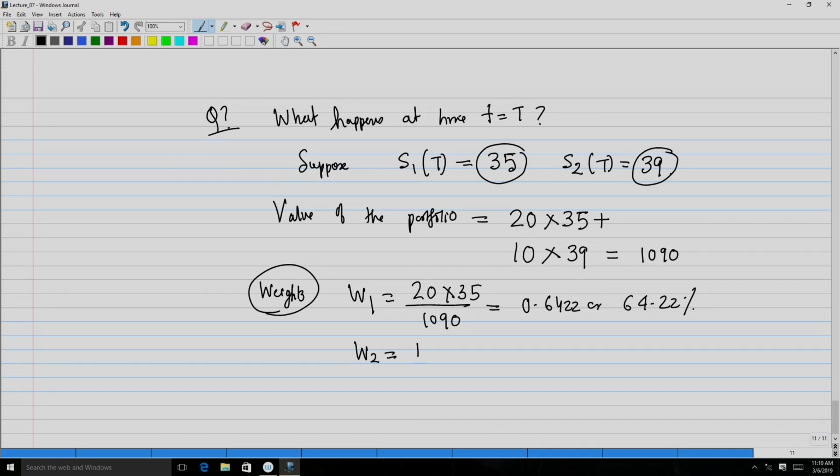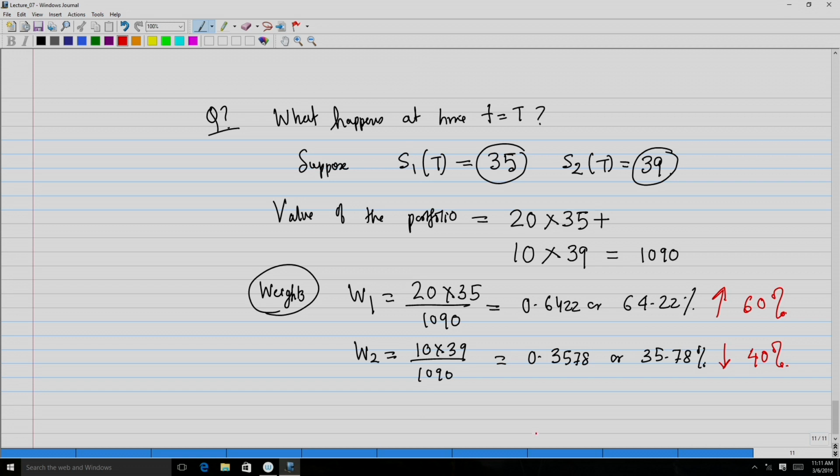And for the second case, the weight is going to be 10 into 39 divided by 1090, and this is 0.3578 or 35.78%. So, that means that here this has gone up from 60% earlier, and in the second case the weight has gone down from 40% earlier.